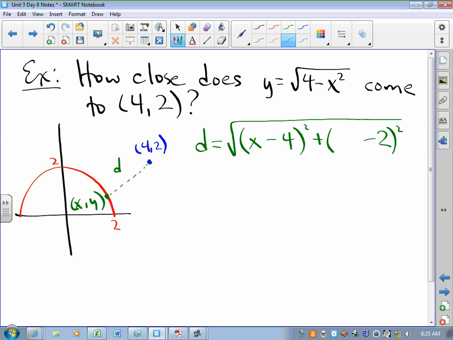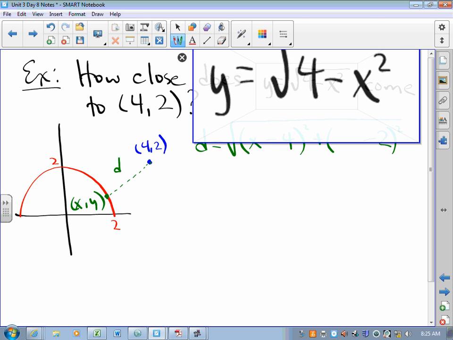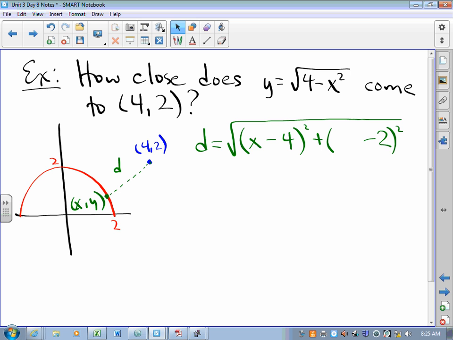So is there anything in the world that's equal to y but doesn't have y in it? Yes, there is. And so we're going to make that substitution right here. This function, d, gives us the distance between the point on the semicircle and our blue point (4, 2).